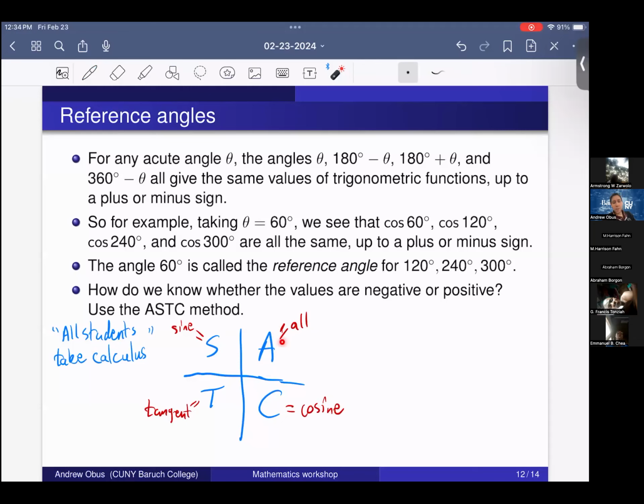So here, this means all have positive values. This means the sine has positive values. This means the tangent has positive values, and this means the cosine has positive values. So for an example, if we're looking at cosine of 300 degrees, well, first, find the reference angle.